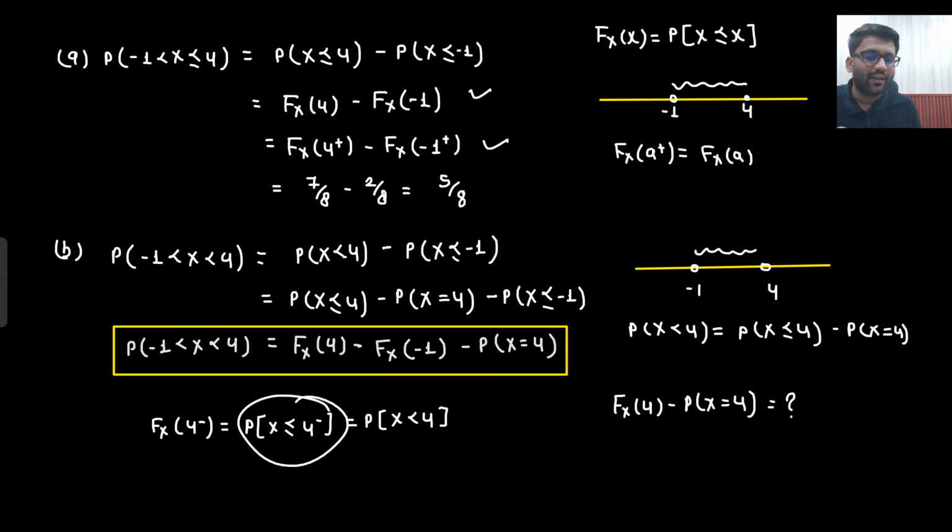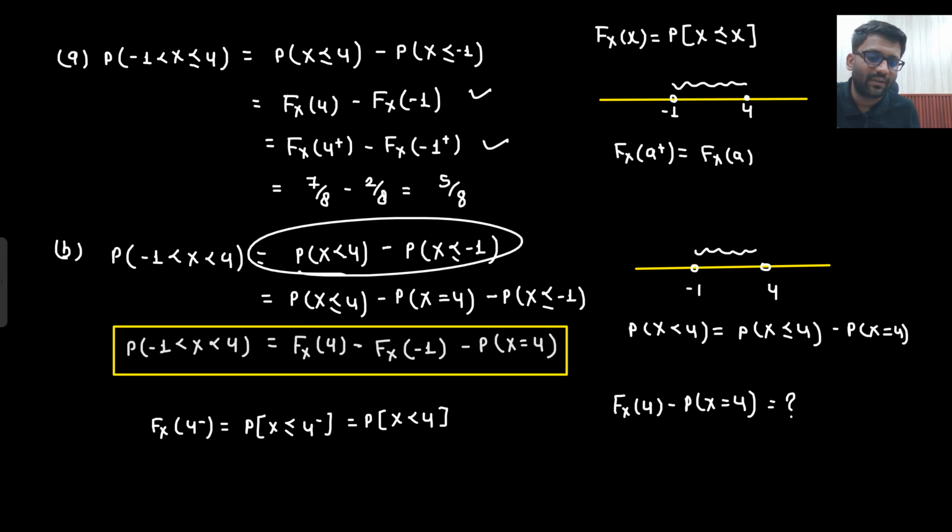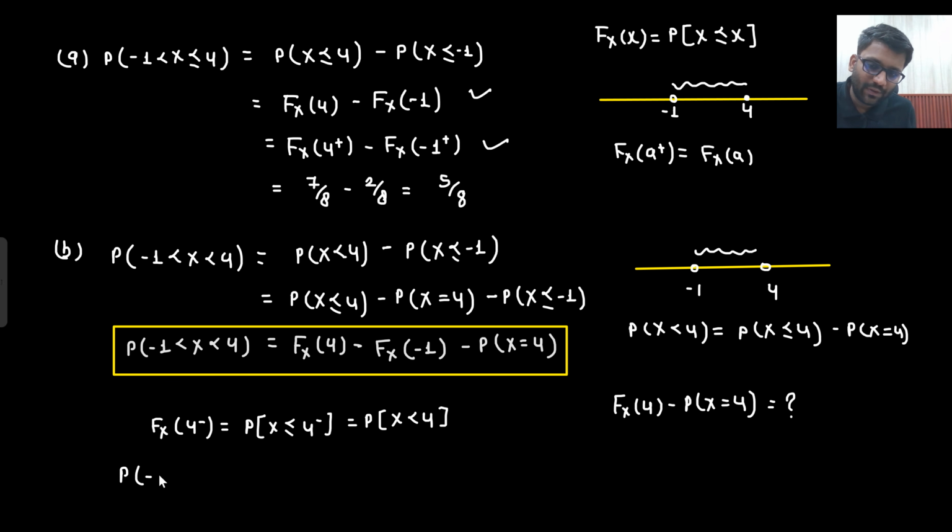Because 4 minus is just before 4. And what this is telling? From 4 minus to minus infinity, everything you can take. That means you cannot take 4. And this is what you want from this. Is that clear to you? So this is the first way that this is how the option could be mentioned. What could be the other way? From here you write down probability of minus 1 to 4.